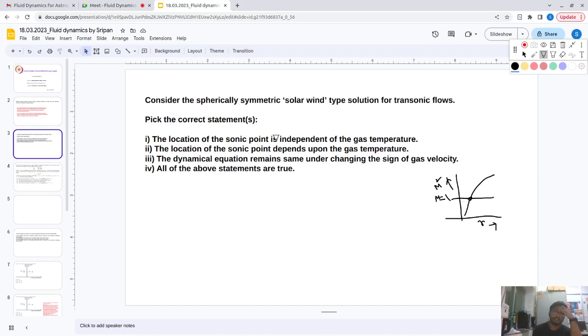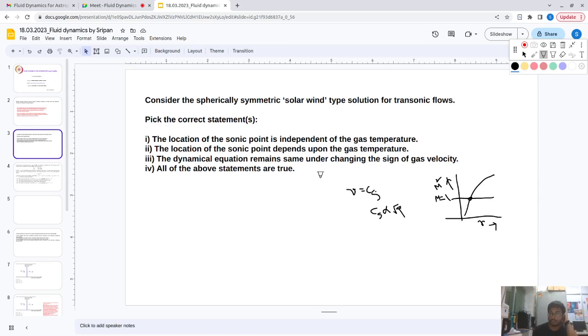The statement says the location of sonic point is independent of the gas temperature. Now the sonic point is that for which v equals c_s, right? So it depends upon the sound speed. And the sound speed itself is like root over T, right? So if it is root over T, the location of sonic point depends on the gas temperature. The second one is correct.